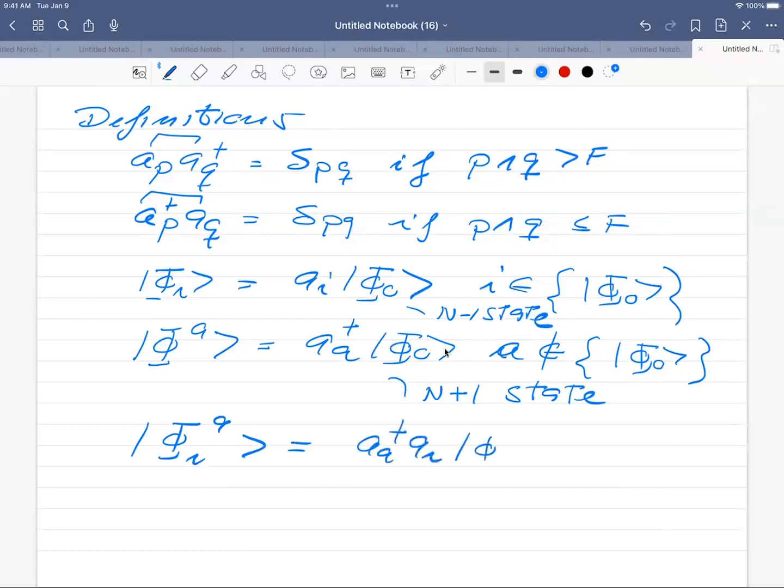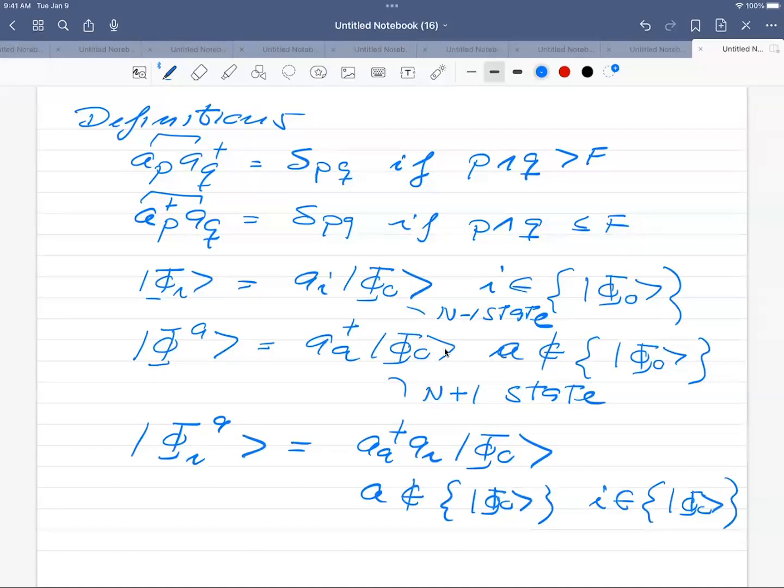And this is also different from zero if A is not included in phi 0 and I is in phi 0. If I is not in phi 0, then this is obviously 0. But by the way we have defined these A's and I's and so on, it is implicitly assumed that I is an element of phi 0 and A is not an element. So particle states are by definition not elements.